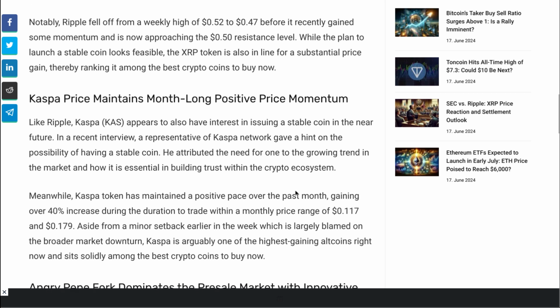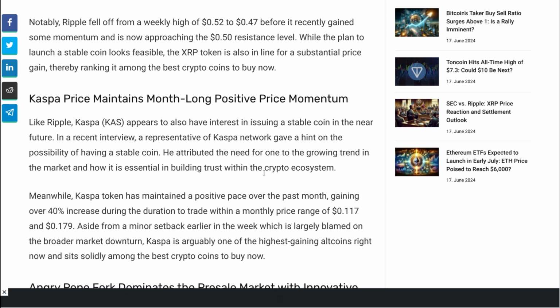Meanwhile, Kaspa token has maintained a positive pace over the past month, gaining over 40% increase during the duration to trade within a monthly price range of 11.7 and 17.9. Aside from a minor setback earlier in the week, which is largely blamed on the broader market downturn, Kaspa is arguably one of the highest gaining altcoins right now. It sits solidly among the best crypto coins to buy.